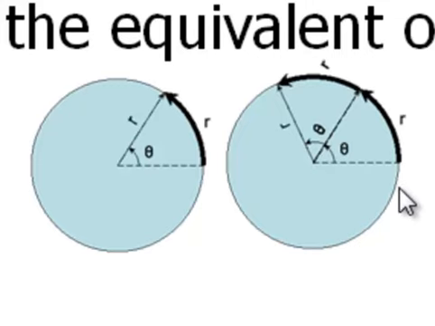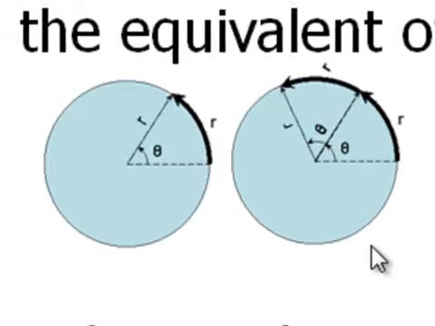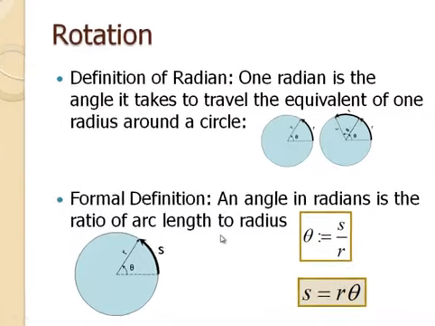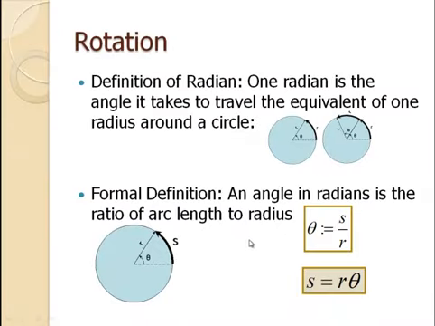And it's 2 pi r to go all the way around. You've learned that formula for circumference before, and that's why there are 2 pi, or 6.28 or so radians in a full circle. So, as a little more formal definition, an angle in radians is defined specifically to be the ratio of the distance that you've traveled around the outside divided by the radius.